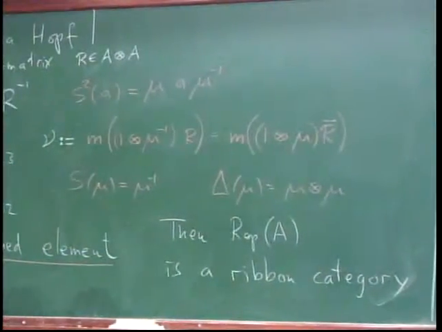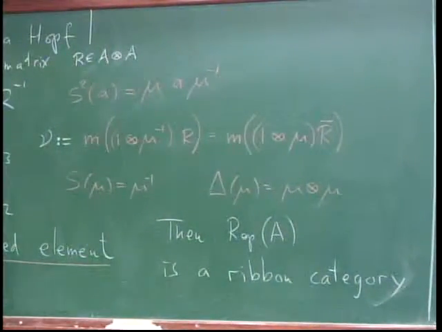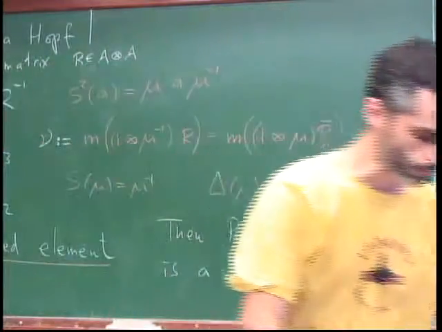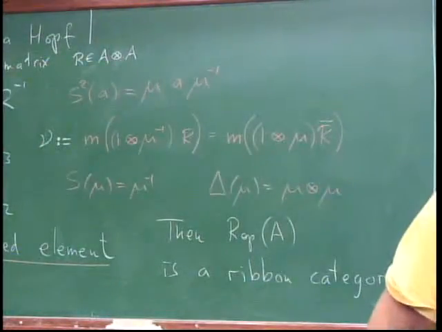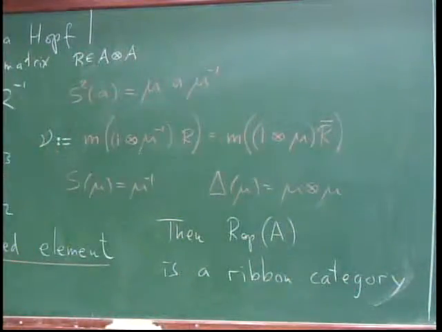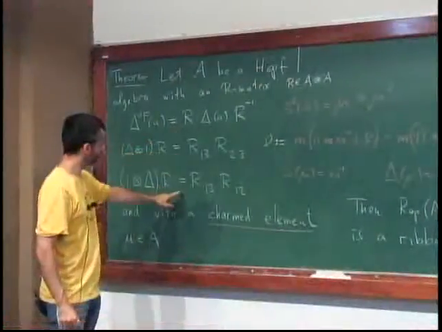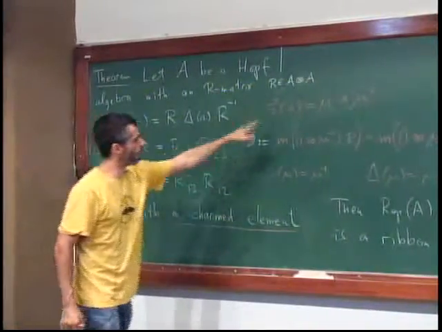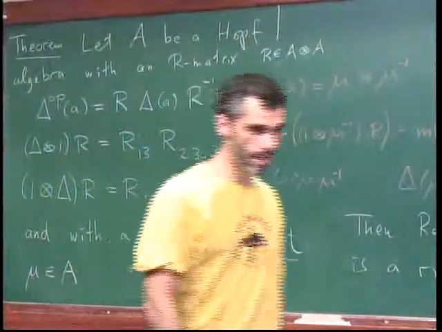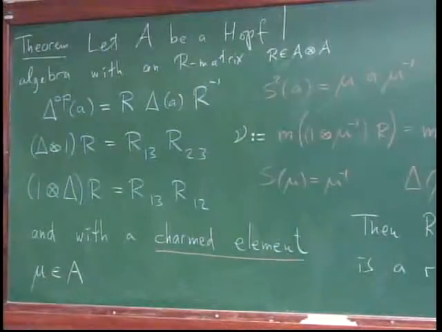Well, there's a way of defining the twist, which will involve this element nu, and with that definition, it satisfies those axioms. Okay, let me spend a few minutes telling you a little bit about those axioms.